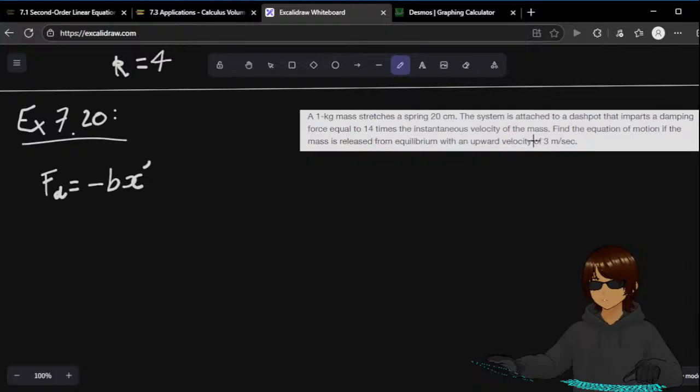The dashpot imparts a damping force equal to 14 times the instantaneous velocity of the mass. So should I write minus 14 or positive 14? b is equal to 14. Downwards, wait, that's the dashpot that imparts a damping force.